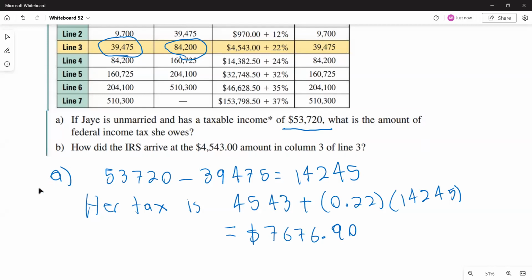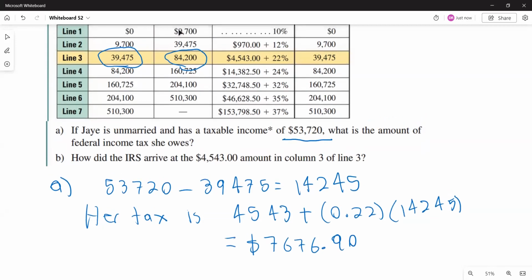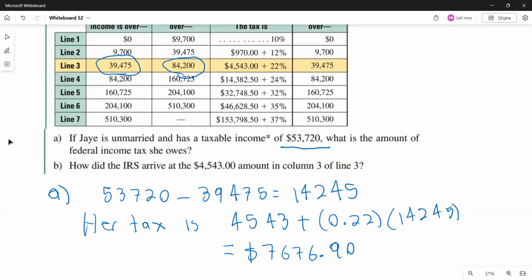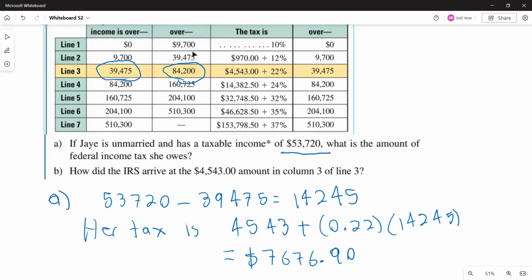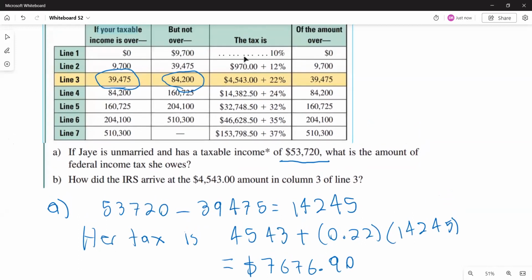And they are asking, how did the IRS arrive at the 4,543 amount in column 3 of line 3? Where is this coming from to begin with? That has to do with the upper limit. If you look at the second line, 10% of the limit, 9,700, is 970.